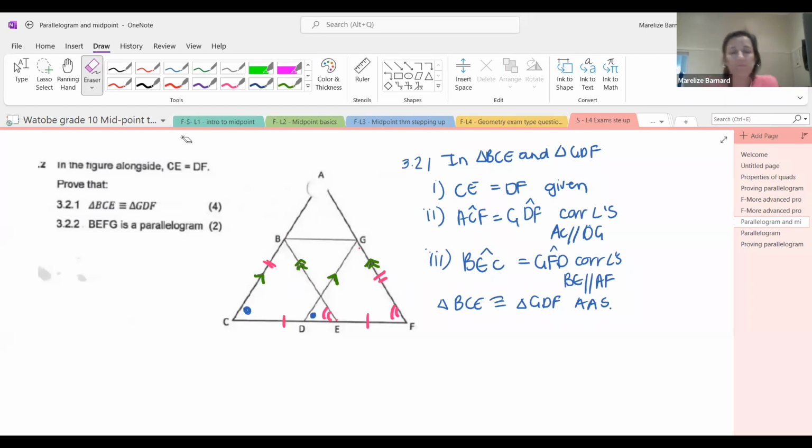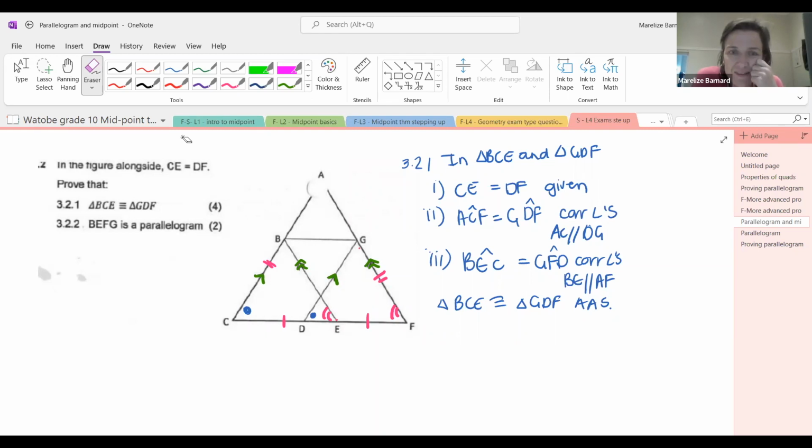It is equal, right, but it's not going to help prove anything. So yeah, it's not really useful. Okay, so what we need to do now is BEFG. No problem. That's fine. I just couldn't figure out what angle you were referring to.